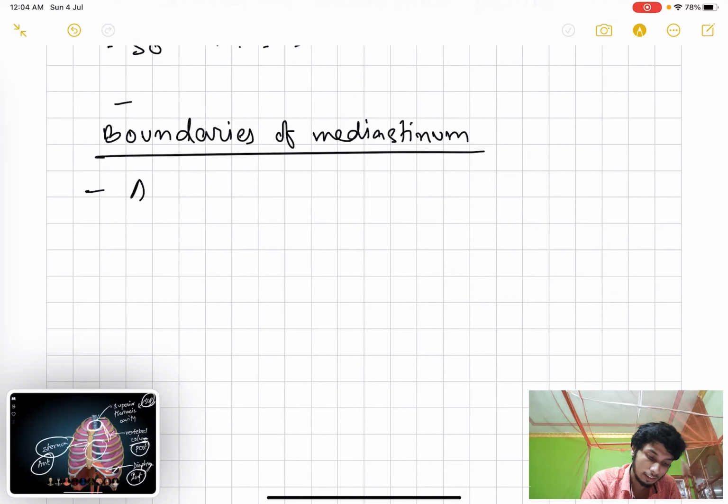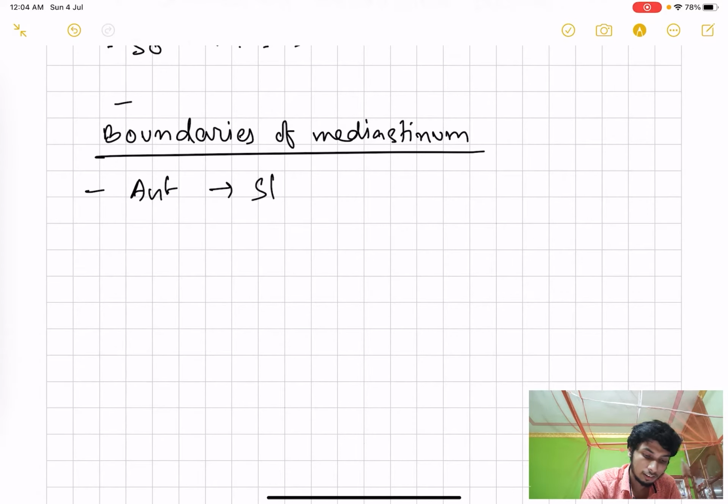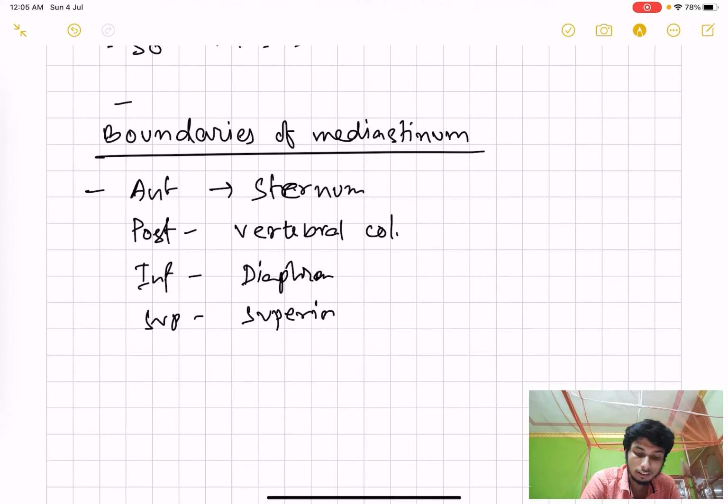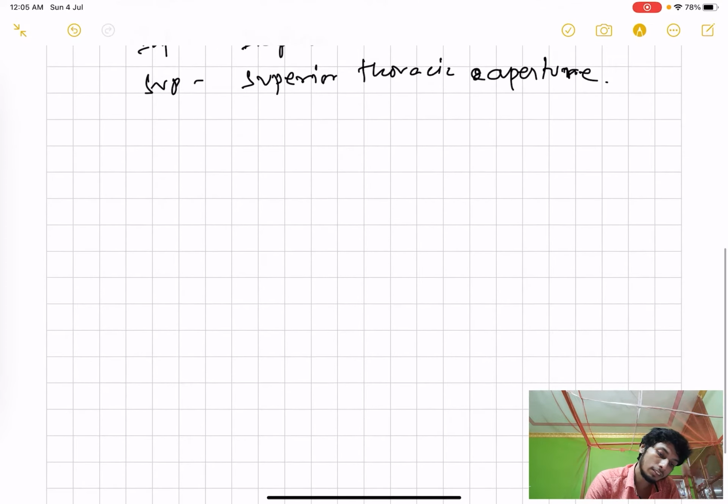Boundaries: anteriorly sternum, posteriorly vertebral column, inferiorly diaphragm, superiorly superior thoracic aperture. Okay, then now the contents.